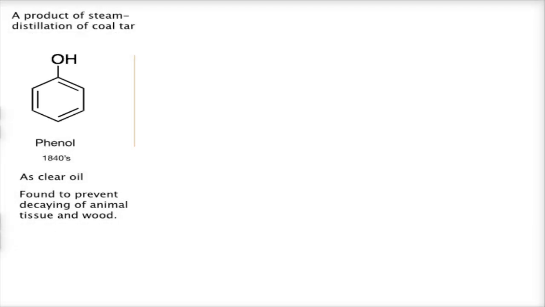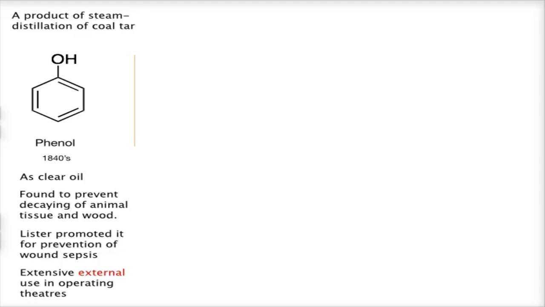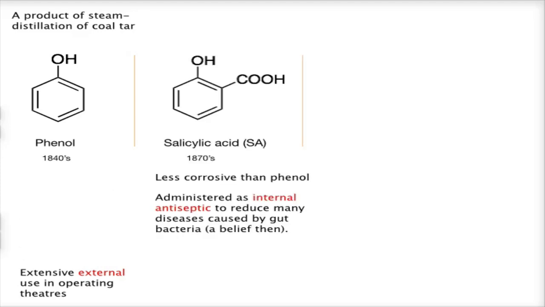It was used extensively in the surgical theater to prevent wound sepsis. And people thought that if phenol can be used to prevent wound sepsis externally, can it also be used to prevent infection internally?